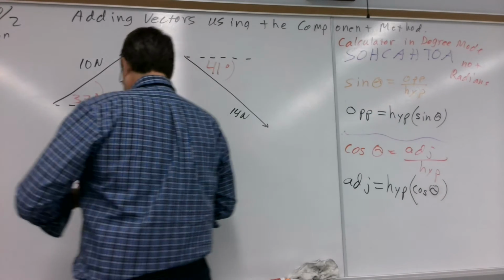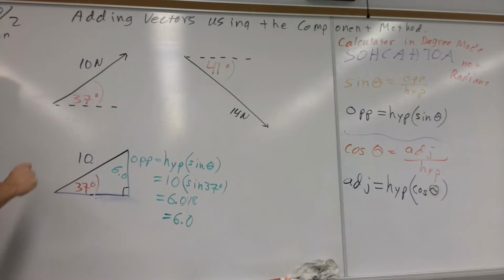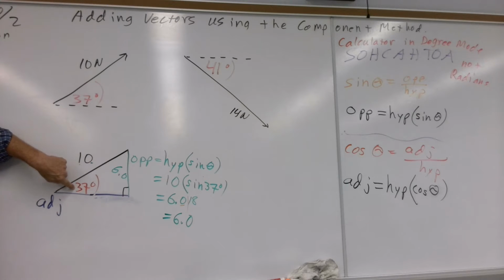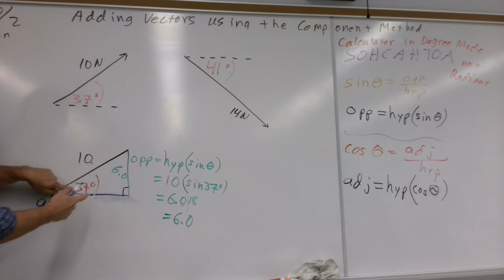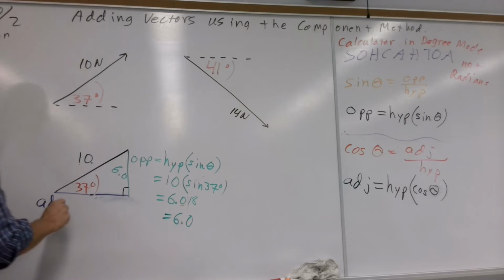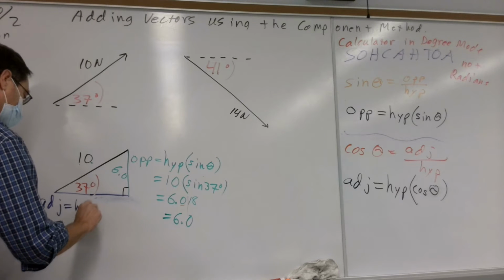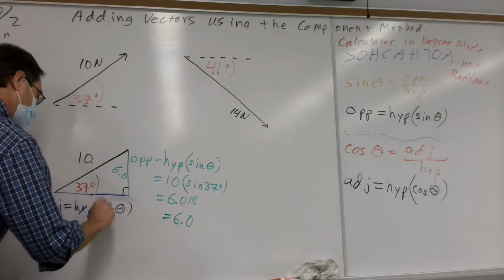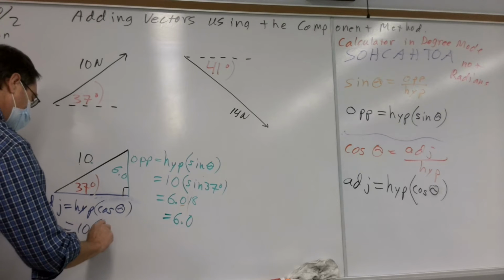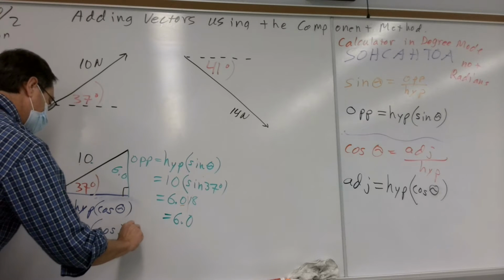Okay. So now let's process this side. This is going to be ADJ. Do you agree that's the adjacent side? Put your finger on the angle, right? And the adjacent side is the neighbor. It's next to the angle, right? Okay. This is the opposite side from my finger, where the angle's at. So this is the hypotenuse times the cosine of theta, and that will be 10 times the cosine of 37 degrees.